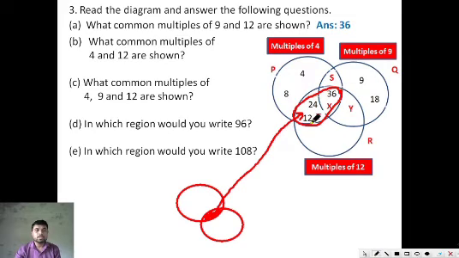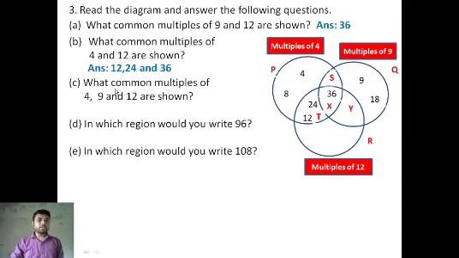So what are the numbers? 12, 24 and 36. Therefore the answer will be 12, 24 and 36. All are common multiples of 4 and 12. Now let's see what common multiples of 4, 9 and 12 are shown. Look here, this is circle P, this is circle Q and this is R.